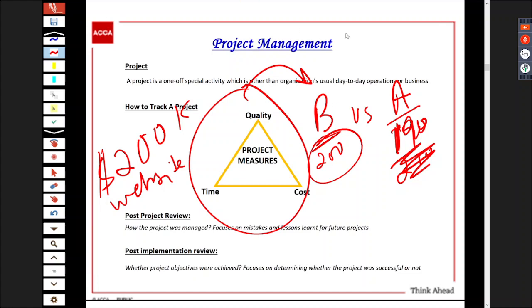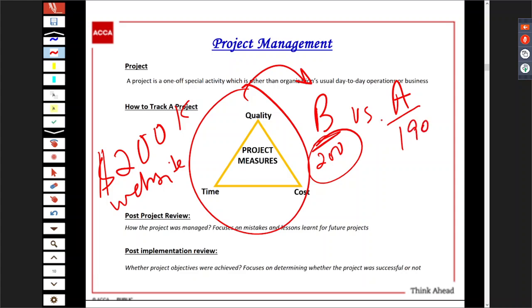Tell me. No? Okay. Oh, a lot of people are saying it's successful. Yes, in the sense that the project was finished within the budget. To that extent, I can say the project was successful, right?